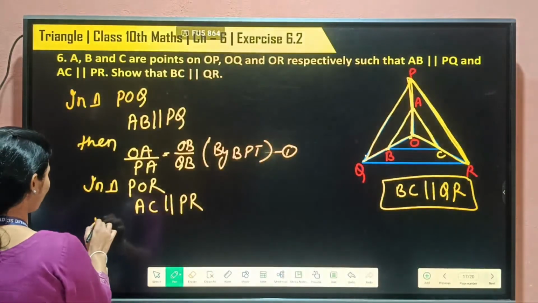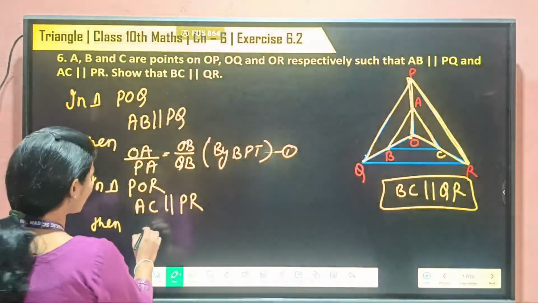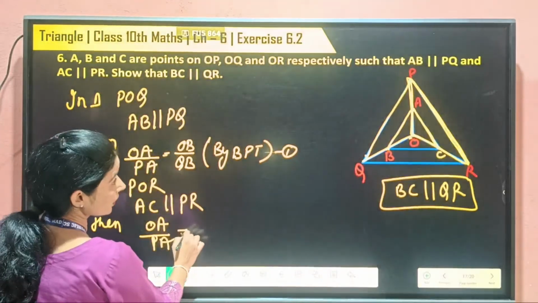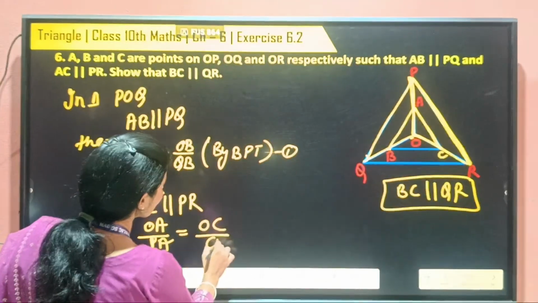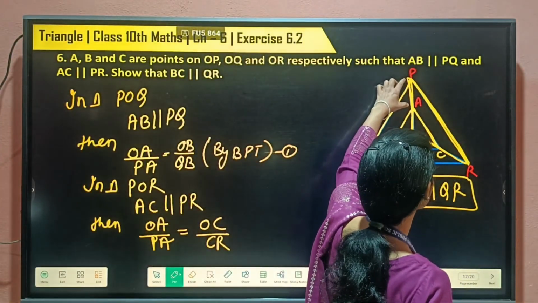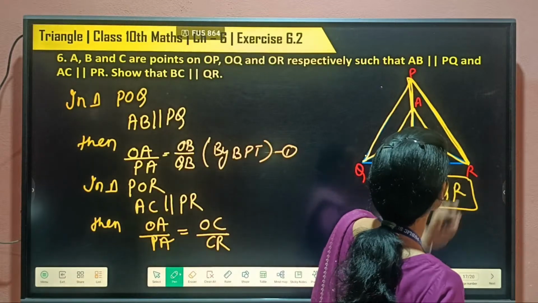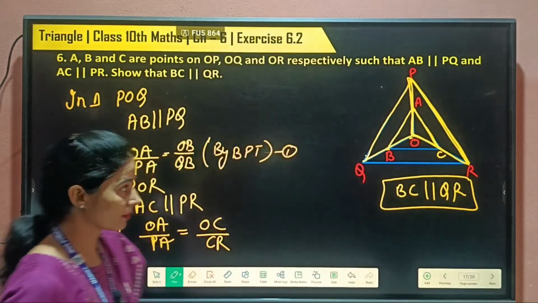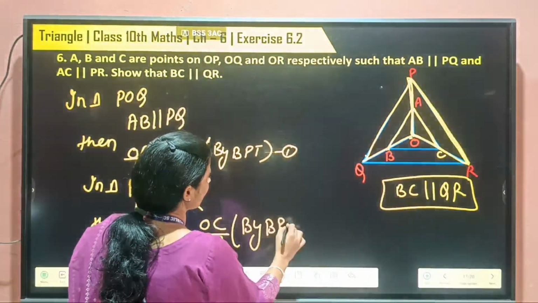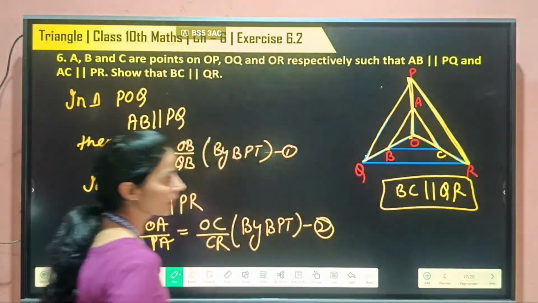Then I can write OA by PA ratio equals OC by CR ratio. This will be equal by basic proportionality theorem, by BPT theorem. Say equation number 1 and 2.